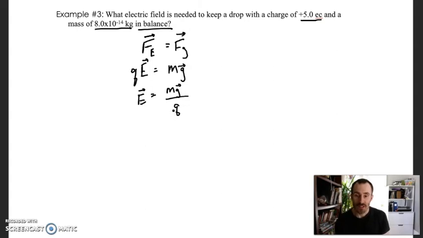Okay, it gives us the mass in kilograms, so that's all good. This is 9.8, and the Q is 5 ECs. So we need to change our 5 ECs to coulombs. So you get 8.0 times 10 to the negative 19 coulombs. So then we can figure out our electric field strength.